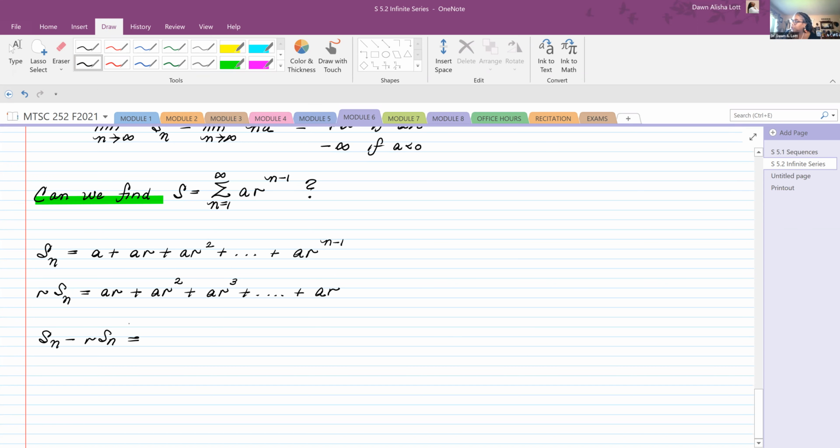is equal to, well, if I take the top row and subtract that, all the middle terms are going to subtract out. The ar, this will subtract that, this will subtract that, and everything will subtract.